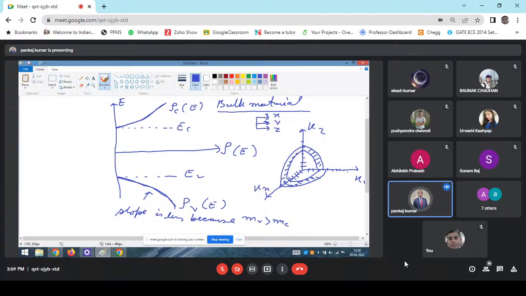But once we move from bulk material to very thin materials, what will happen? We will not have the value of k in one direction.